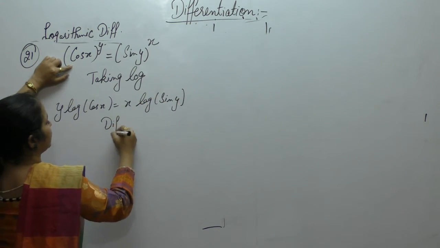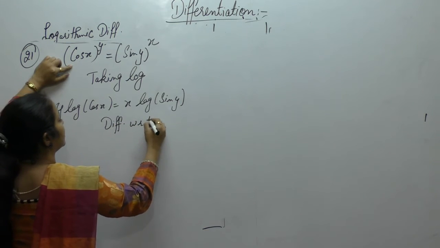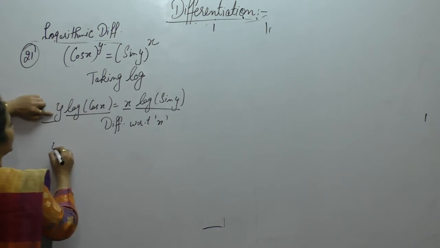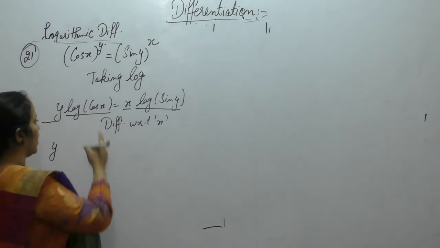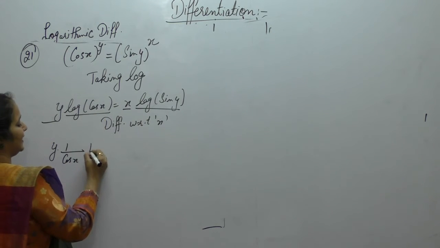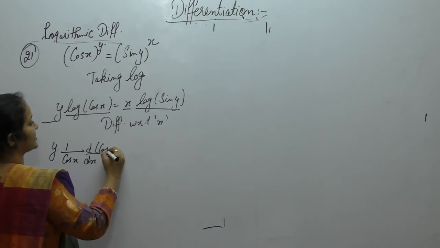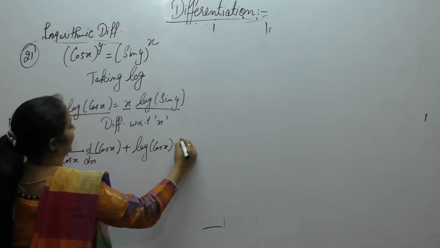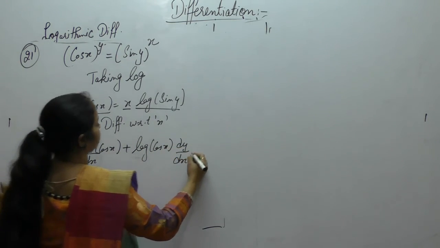Now differentiate with respect to x, u into v rule apply करेंगे, u and v. First function, derivative of log is 1 upon cos of x, then derivative of cos of x, plus second function as it is, derivative of y.